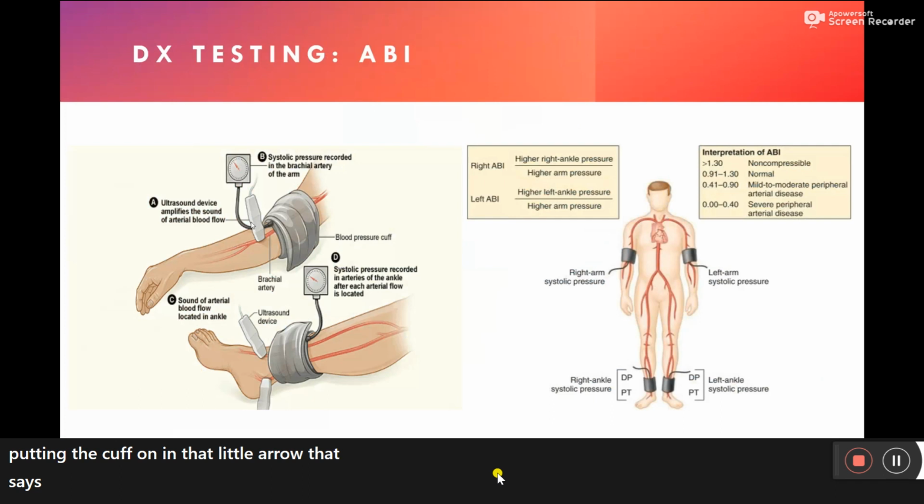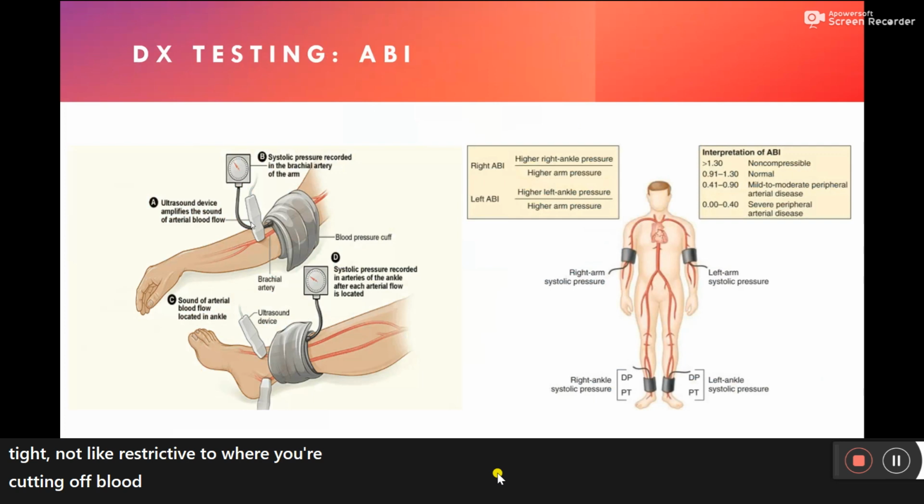They're going to use the ultrasound probe to listen for the blood flow in that brachial artery. The blood pressure cuff is placed above that, and they're basically going to inflate the cuff until they can find the systolic blood pressure. I don't know how long it's been since you have performed a blood pressure check, but wrap the cuff around the arm, make sure it's tight, not restricted to where you're cutting off blood flow, but tight enough to where it's not going to move and it's in a stationary position. You usually inflate the cuff to at least 20 to 40 over the patient's normal blood pressure.